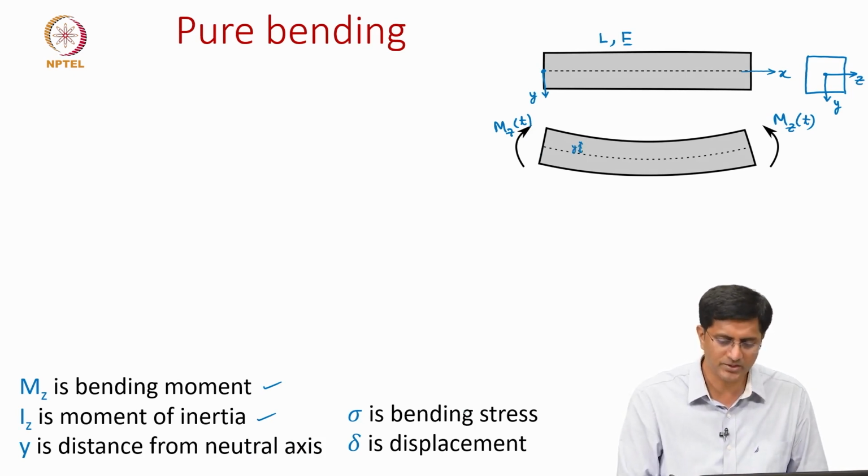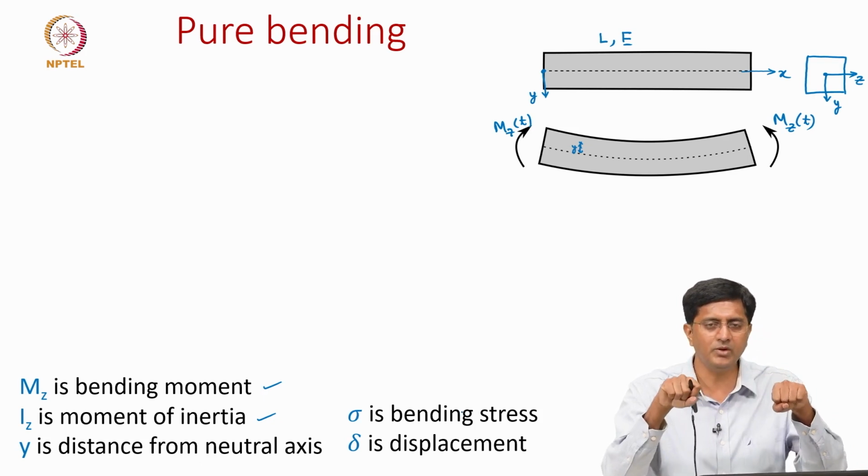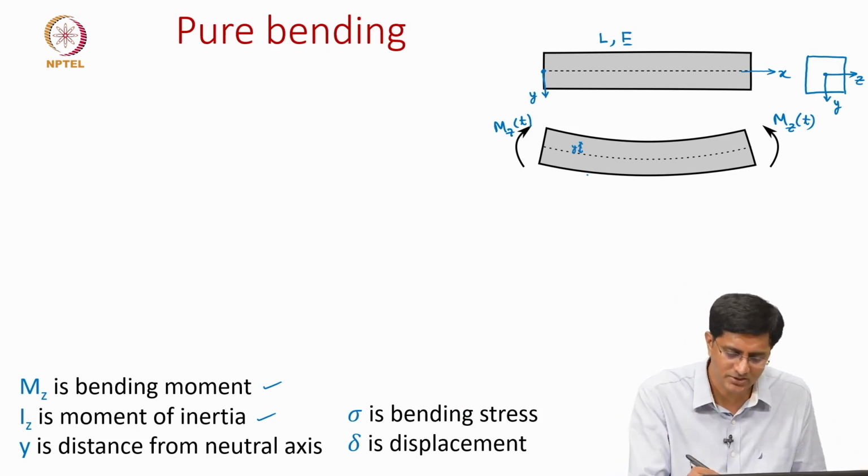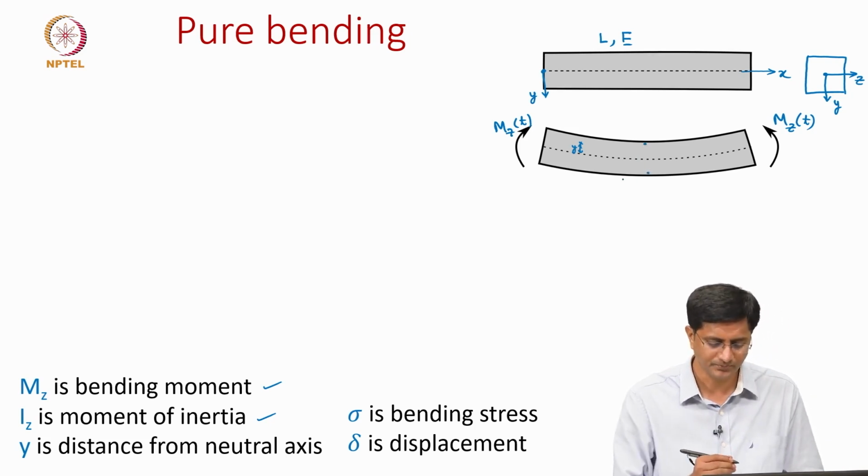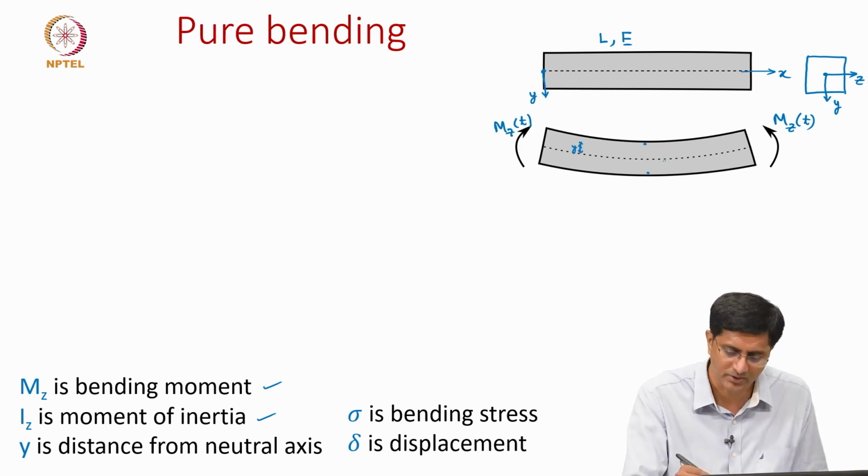And sigma is the bending stress, because once we bend a beam we have bending stresses. For example, in this scenario we have stresses here as compression at the top and at the bottom as tension, and delta is the displacement.